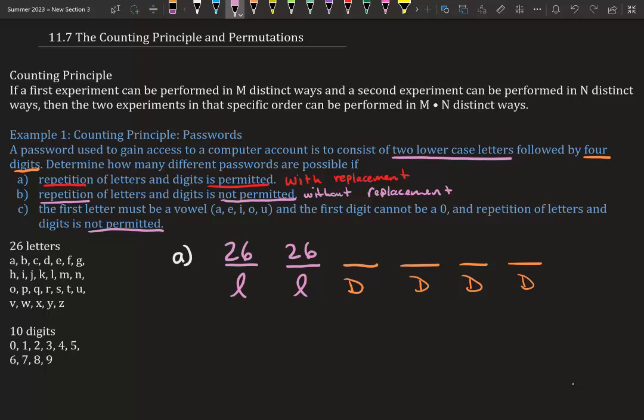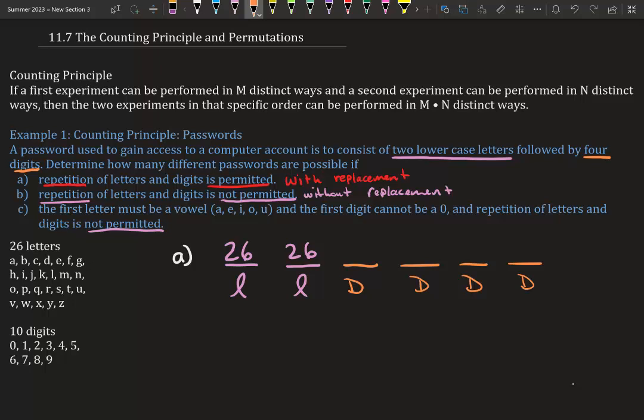Now I'm on to the digits. So the digits, it's still with replacement. Repetition is allowed. So our digits, we have 0 through 9. 0 through 9 make up every number that exists in our language and many languages that use our characters. So 0 through 9 create any digit or any number you want.